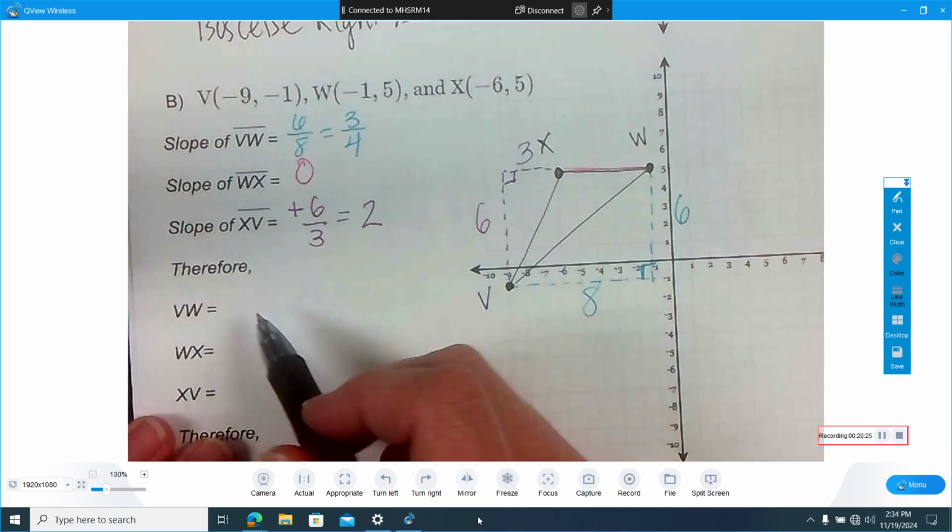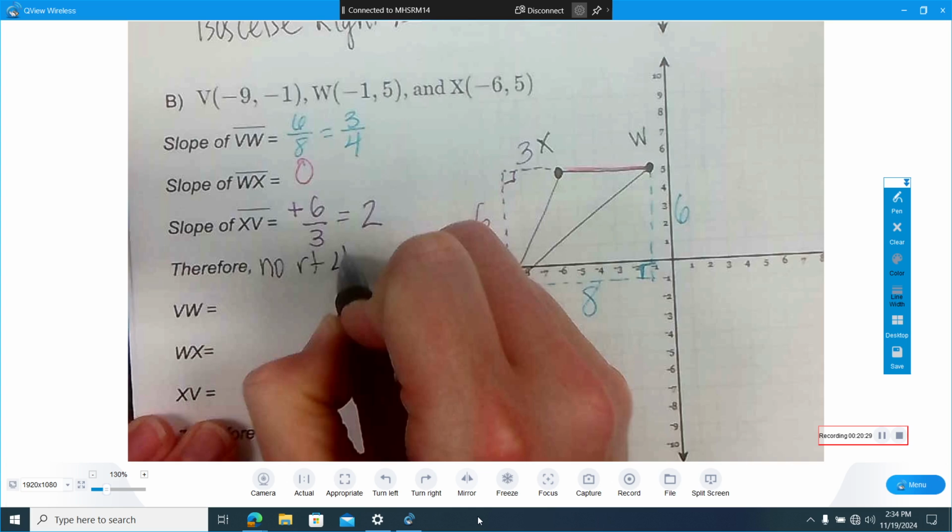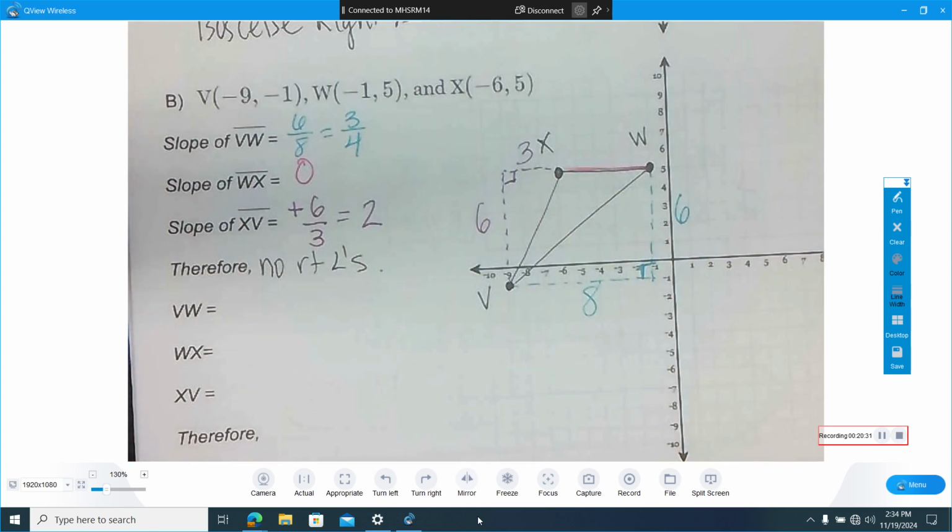No, that'd be a hard no there. No right angles. Because we don't have any perpendicular lines, we don't have any right angles. And that's all we're figuring out. Do we have a right triangle or not? So we don't have any right angles. No perpendicular lines, no right angles.